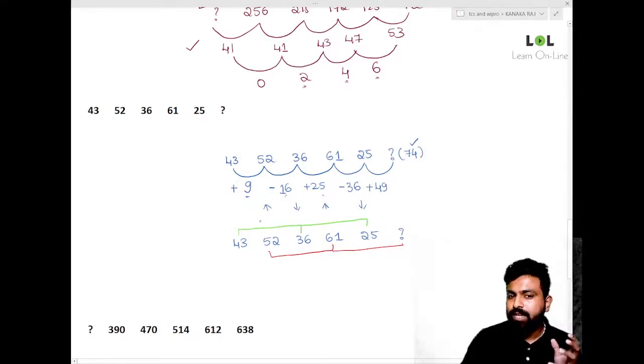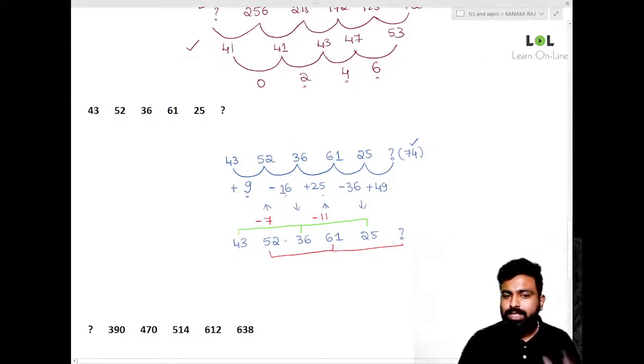The number is decreasing. 43 minus 7 gives you 36. 36 to 25, what is the difference? Minus 11. 36 minus 11 gives you 25.